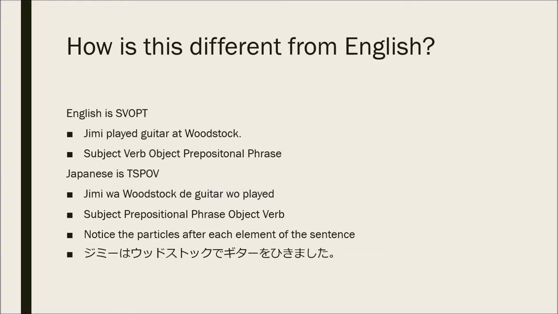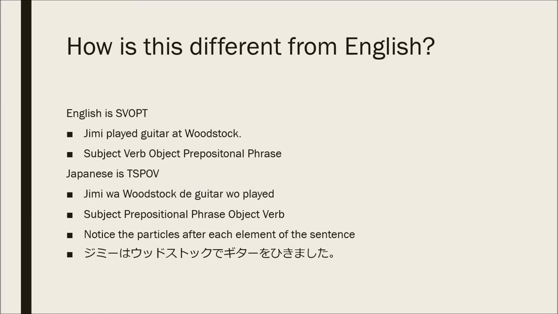So I say, Jimmy wa Woodstock de guitar o played. So it's the subject, and then the verb played comes last. And then the prepositional phrase that comes last in English comes second. And then the direct object is third. So it's subject, prepositional phrase, object, verb, or SPOV.